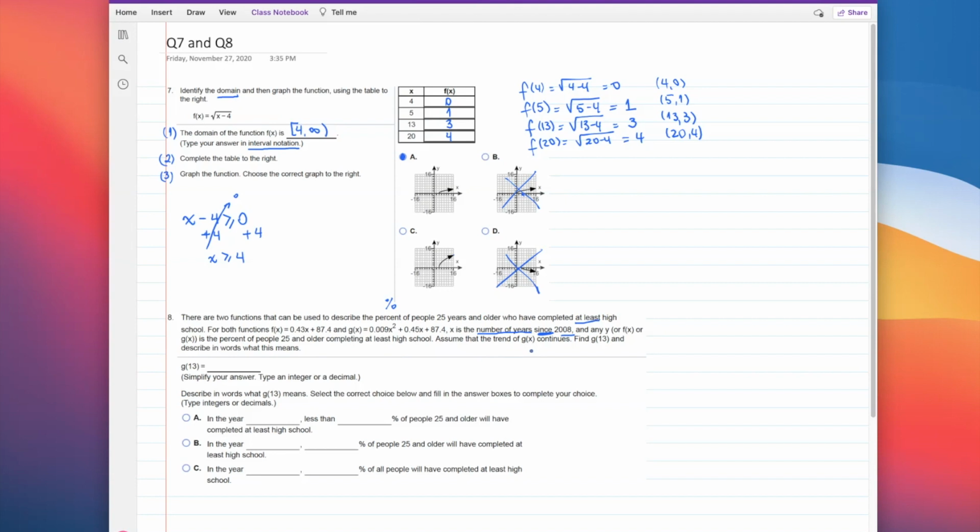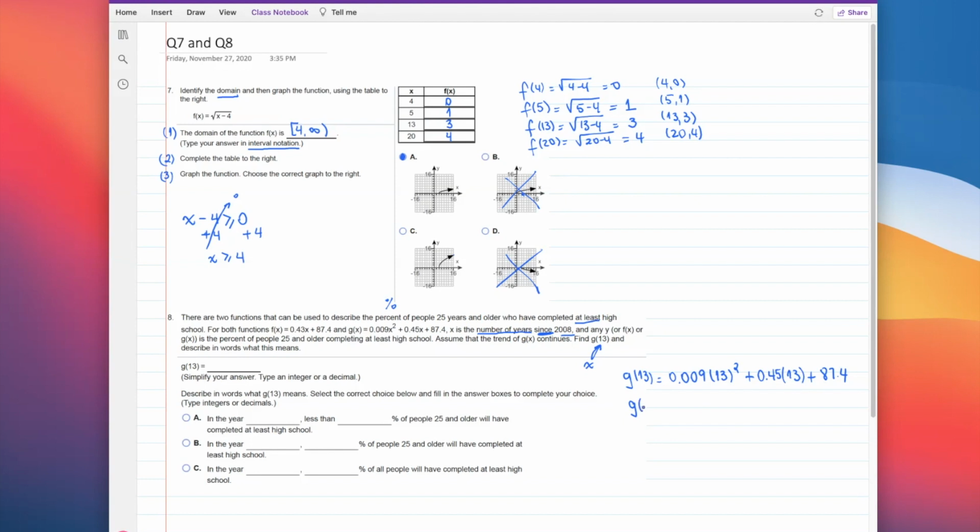So assume that the trend of g(x) continues. Find g of 13 and describe in words what this means. Okay, g of 13, so this is the x that has to be used on the g. So let's replace whatever I see x with 13. 0.009 times 13 squared plus 0.45 times 13 plus 87.4.